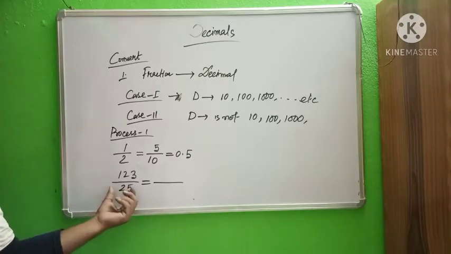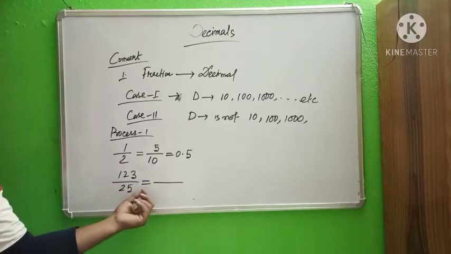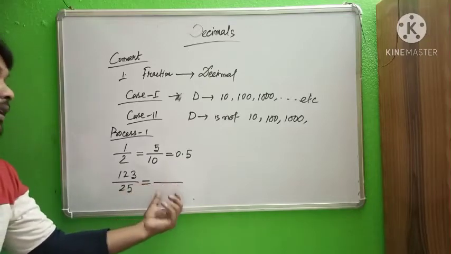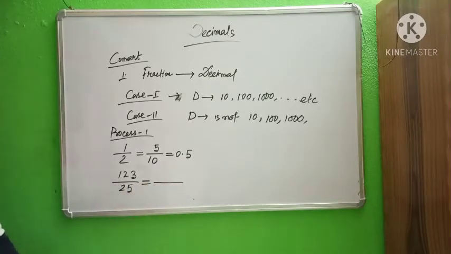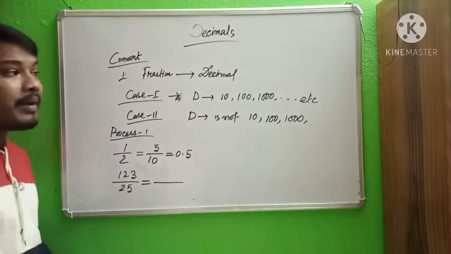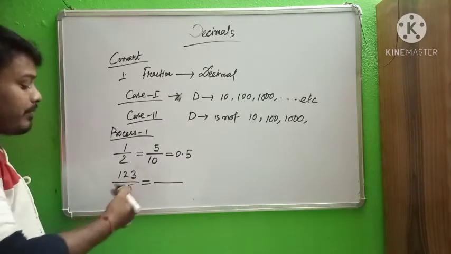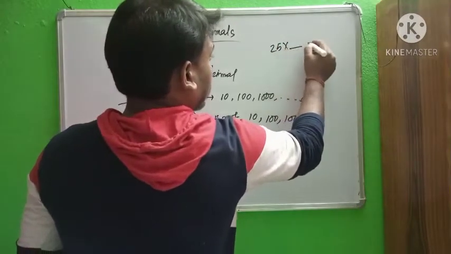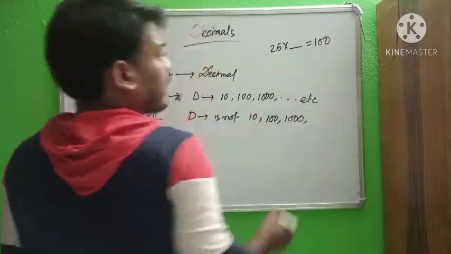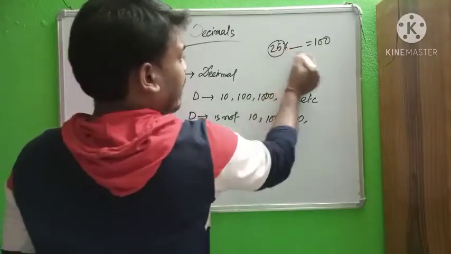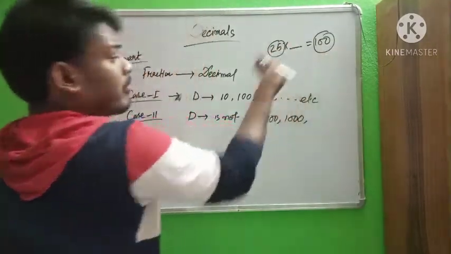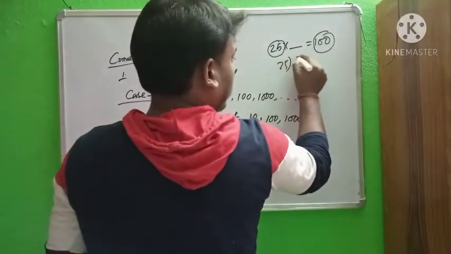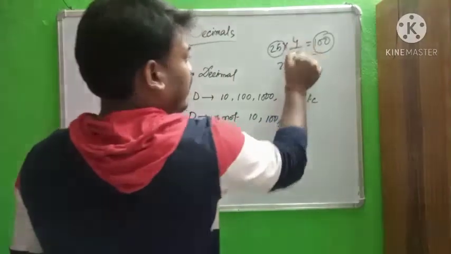So is it possible to multiply it with some value and get 100? 25 into something equals 100. That means if we divide 100 by 25, we get the result. 100 divided by 25 is 4, and 4 into 25 equals 100.